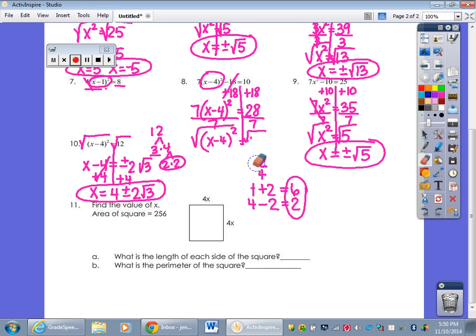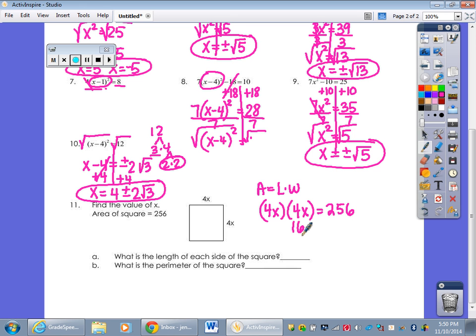Okay, for the last word problem, it says find the value of x if the area of the square is equal to 256. So remember that area of the square is length times width, or side squared. So 4x times 4x equals 256. So this becomes 16x squared equals 256.